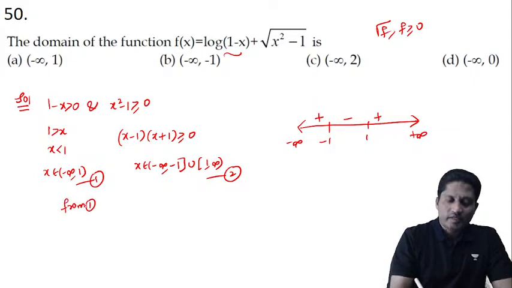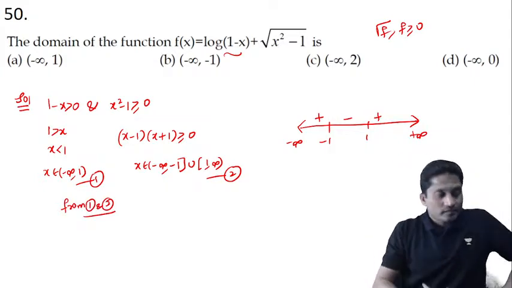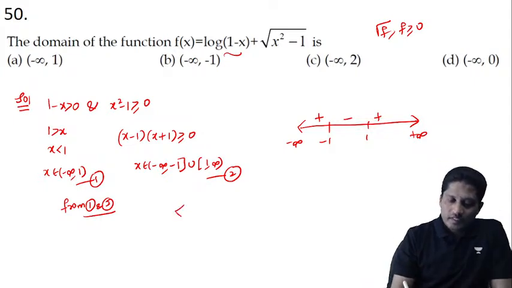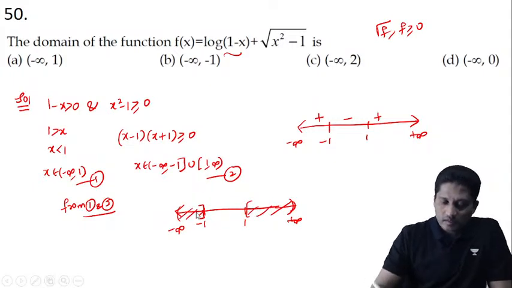From equations 1 and 2, if I take the common region, minus infinity to plus infinity, okay, fix the roots in increasing order, you will get minus 1 and plus 1 only, right? So minus infinity to minus 1, union with 1 to infinity, this part, and then minus infinity to open interval 1.